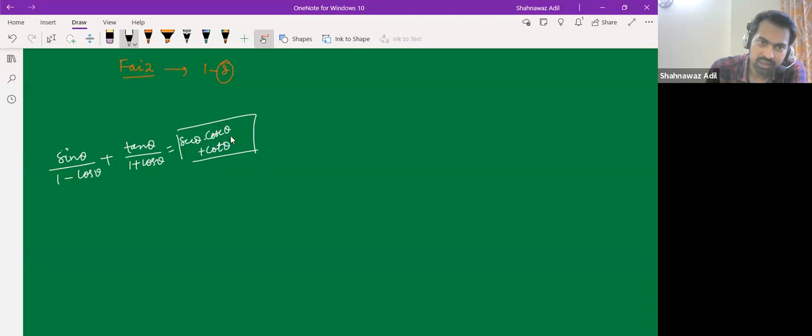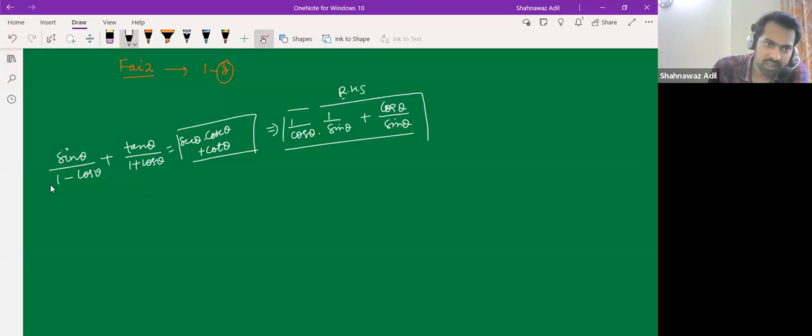Yes, sir. Okay, so this we want to prove. Sec theta is 1 by cos theta, cosec theta is 1 by sine theta. So 1 by cos theta into 1 by sine theta plus cos theta by sine theta. This is our RHS.